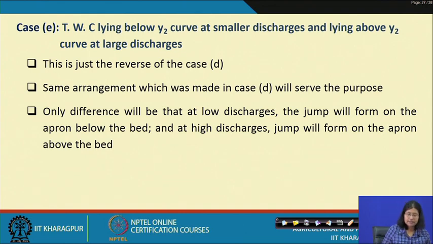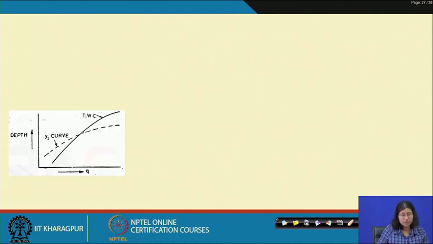So, here the arrangement will be the same, the same arrangement which was made in case 4 will serve the purpose. The only difference will be that at low discharges the jump will form on the apron below the bed, and at high discharges the jump will form on the apron above the bed. So, this is case 5, just a reverse of case 4.